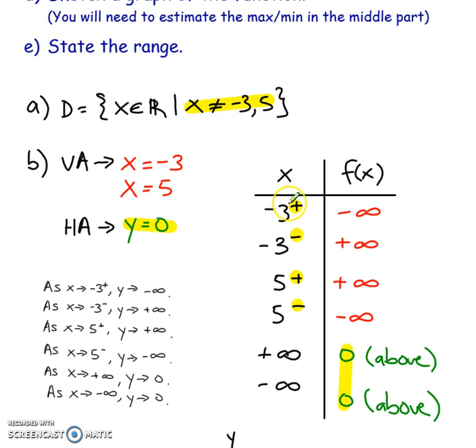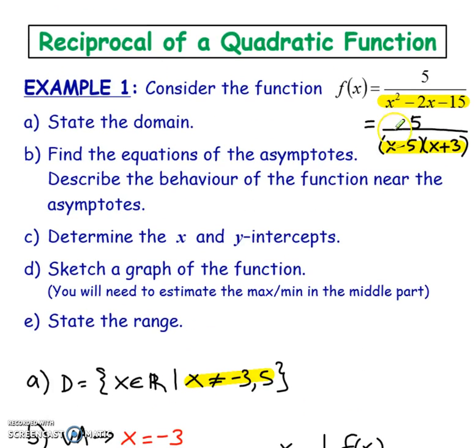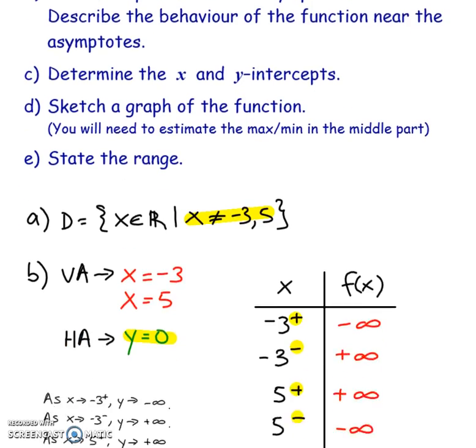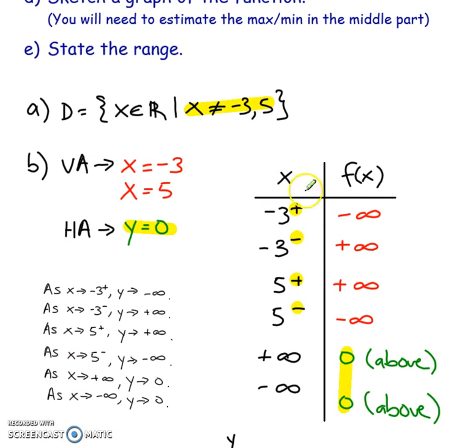Okay, so you do it the same way we did before. Choose a number that is near -3 from the right-hand side. So let's just say -2.9. Put it into the equation wherever you see an x, so here and here. 5 divided by -2.9 minus 5 times -2.9 plus 3, that's going to give you a certain y value. And in my experience, it was a really negative number.